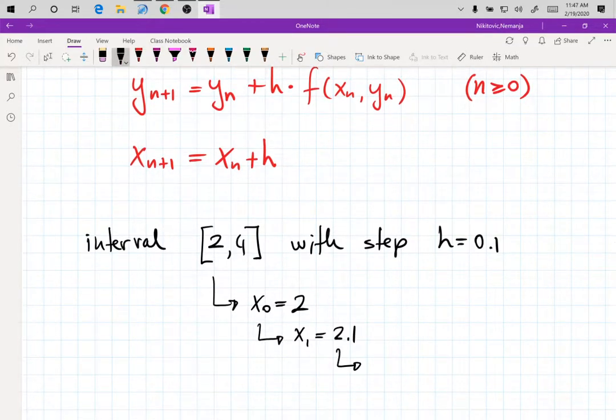Then the next one is x2, 2.2, because every next calculation is going to change x from x to x plus h. So how many calculations am I going to have on the interval 2 to 4? 20 calculations, right?